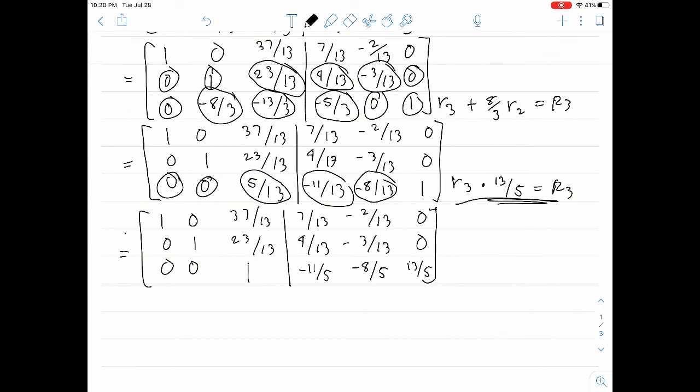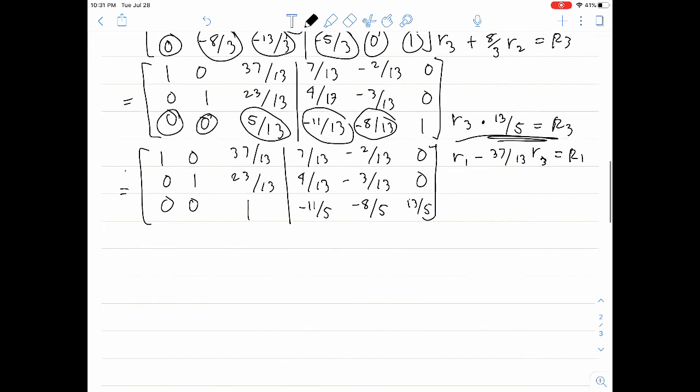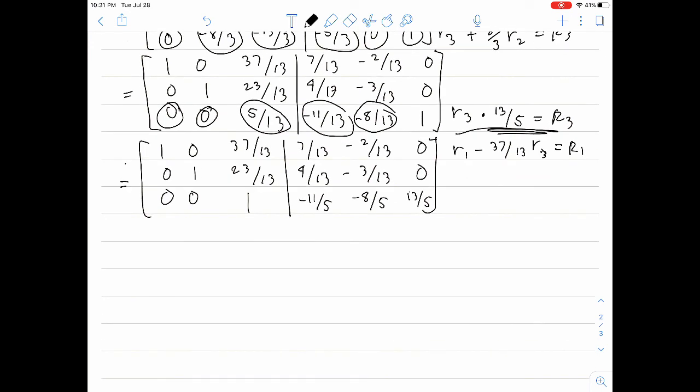Okay, so next, this 0 and this 0. So let's go to the first row. R sub 1 minus the multiplier, which is 37 over 13, times R sub 3 is equals to R sub 1. So this is 1 minus 37 over 13 times R sub 3.